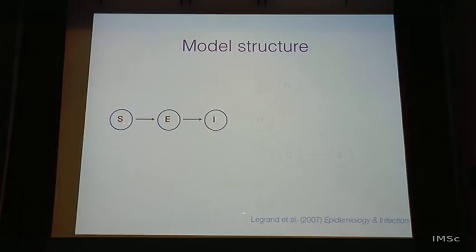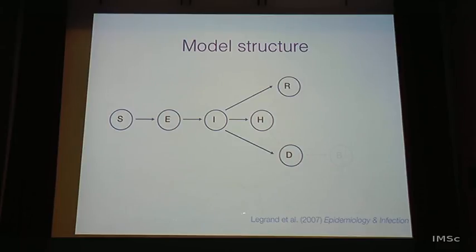So initially, people are susceptible. Upon infection, they go through the exposed class, and then they become infectious when they become symptomatic. And then they have three possibilities: either they recover, or they die, or they go to the hospital. So they recover at home, they die at home, or they go to the hospital to seek healthcare.